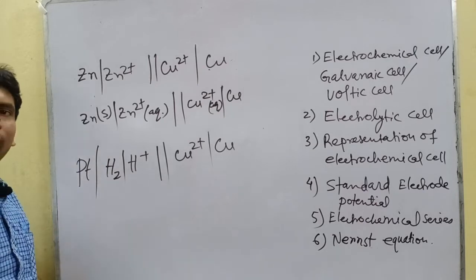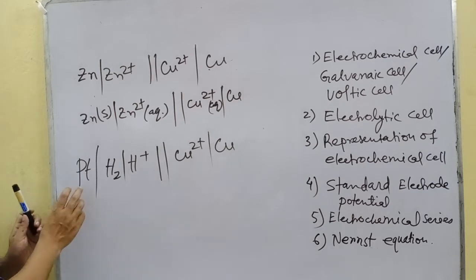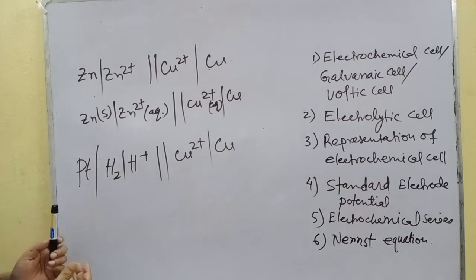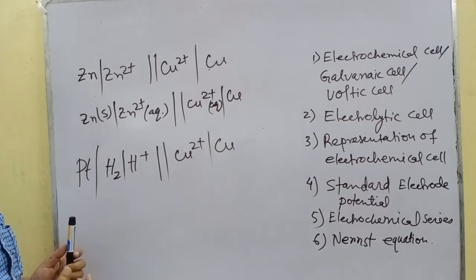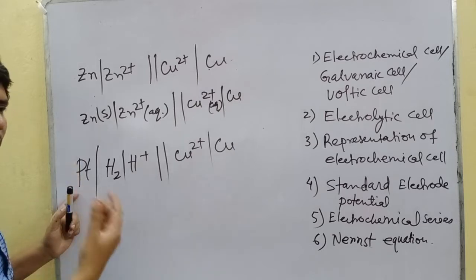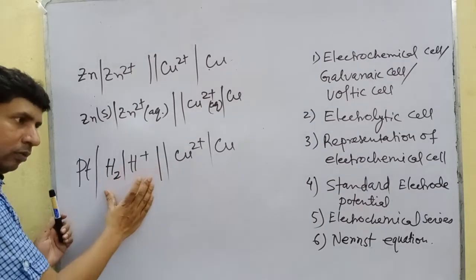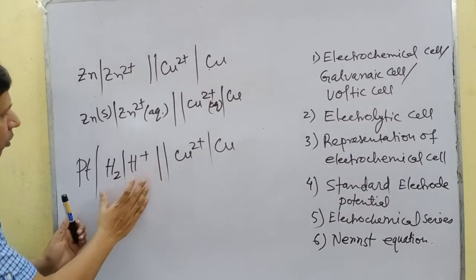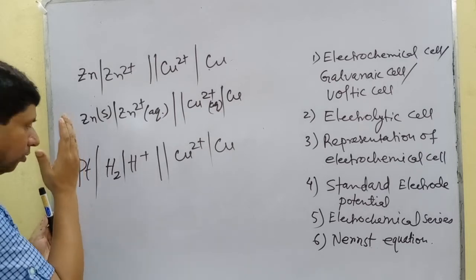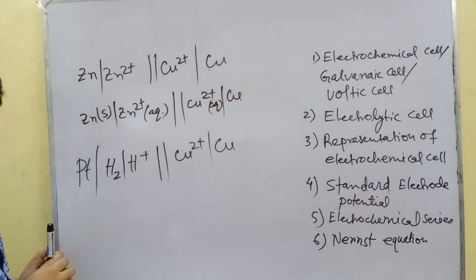The platinum is the rod, or platinum is a noble metal, and this platinum has leakage current 0. For this reason the platinum can be used in hydrogen electrode, okay. This is the oxidation electrode. So in this position we can connect by platinum wire to hydrogen gas system, okay.